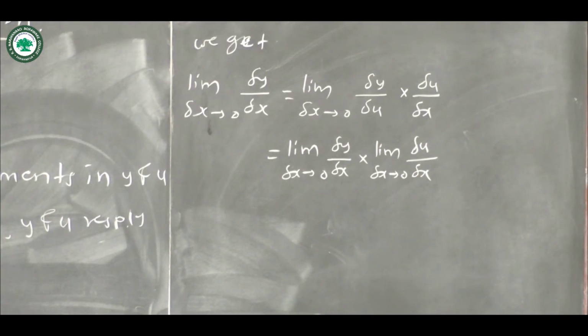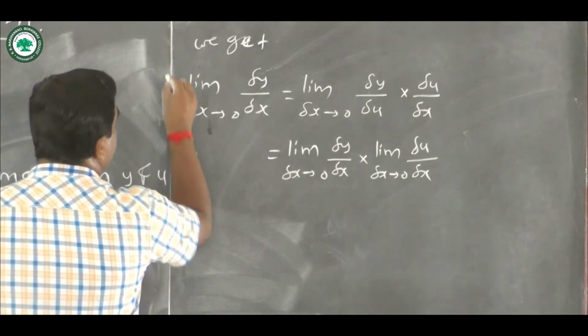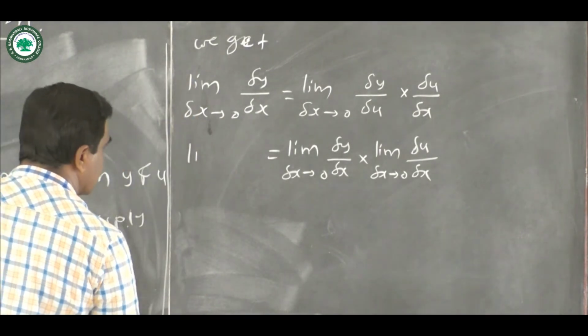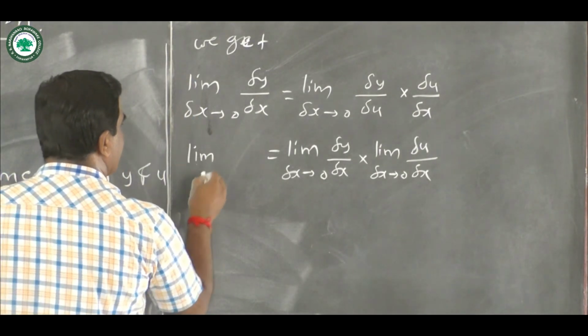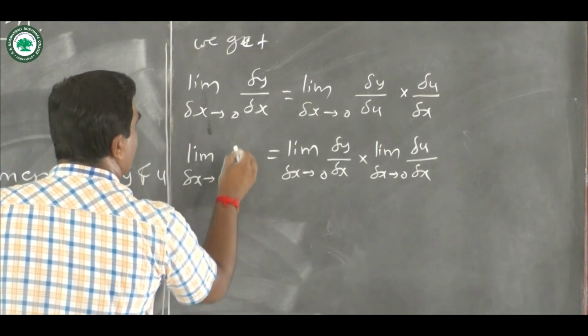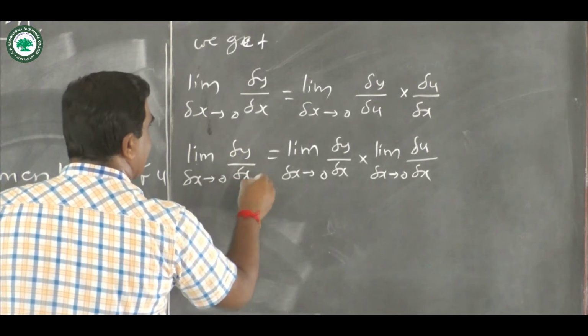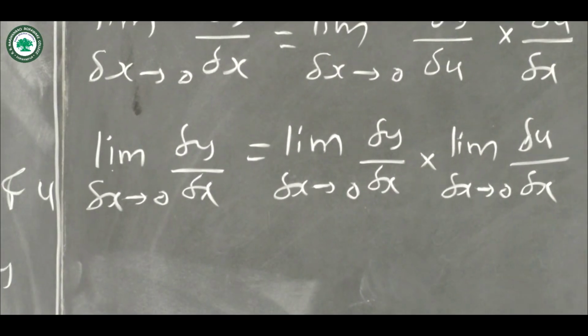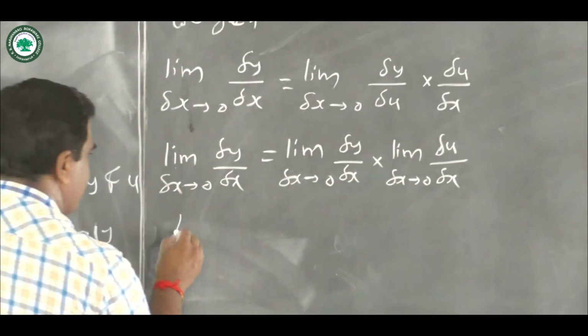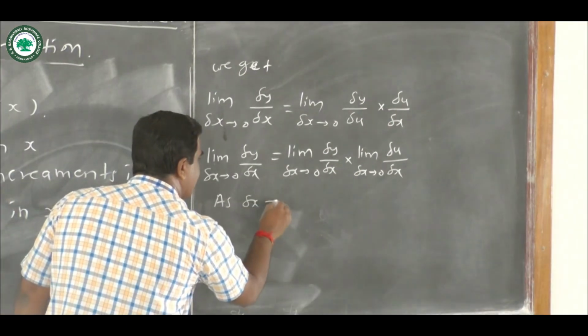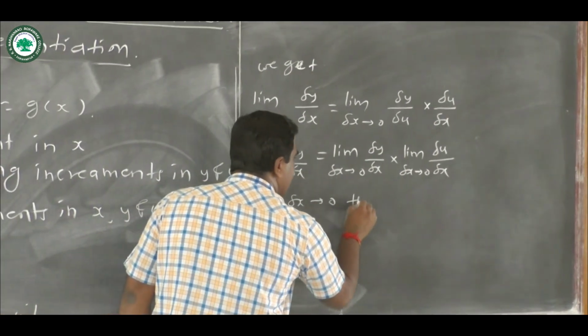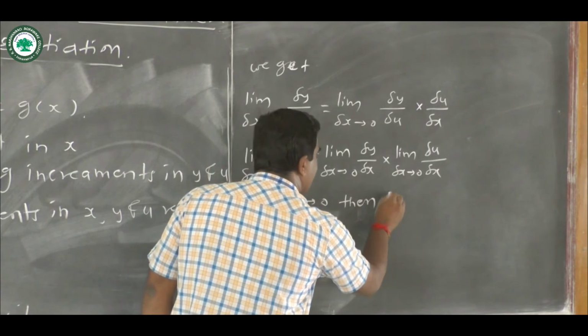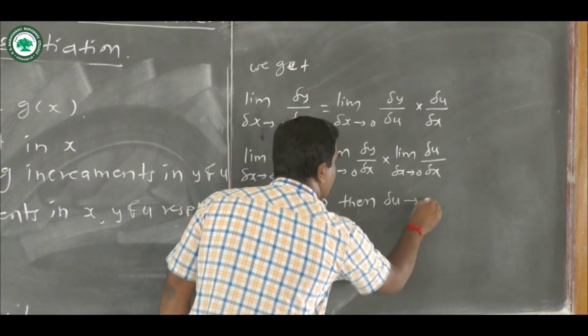Okay, that is limit delta x tends to 0, delta y by delta x equal to this. Now as delta x tends to 0, then delta u also tends to 0.